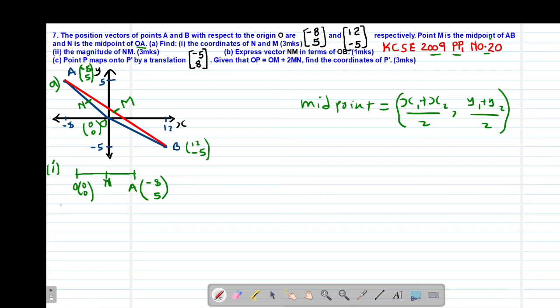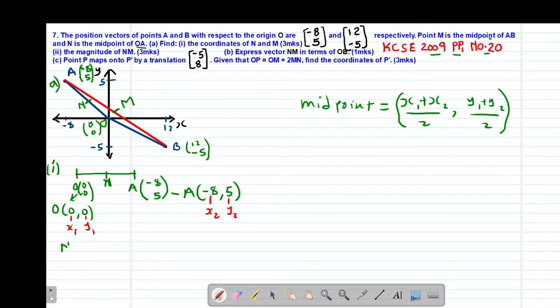This simply means that the coordinate for the origin, point O, is (0, 0), and the coordinate for point A is (-8, 5). We are going to label this one x1, then this y1, then this x2, then this y2. Therefore, the midpoint, which is N, is going to give us the following.